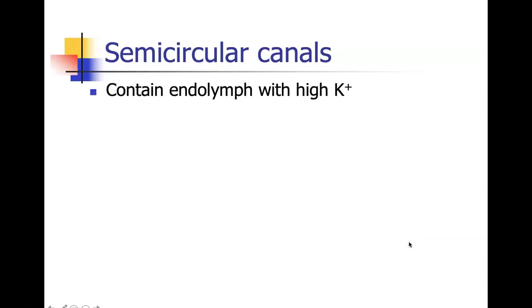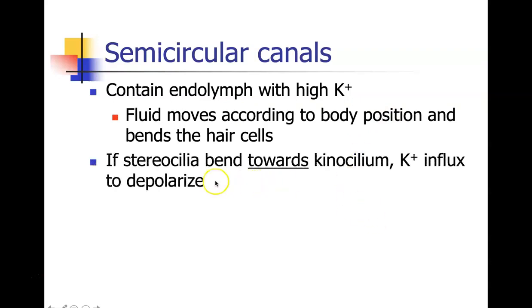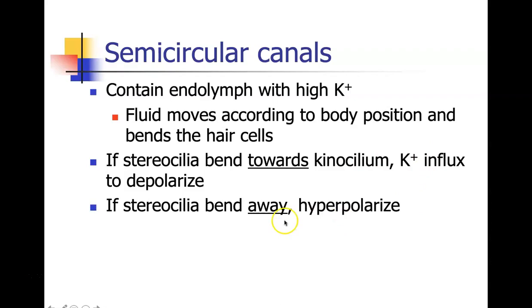So these semicircular canals contain endolymph with a high potassium level, and the fluid moves according to body position and bends those hair cells. So if the stereocilia bend towards that kinocilium, you get a potassium influx to depolarize. If stereocilia bend away, they hyperpolarize.